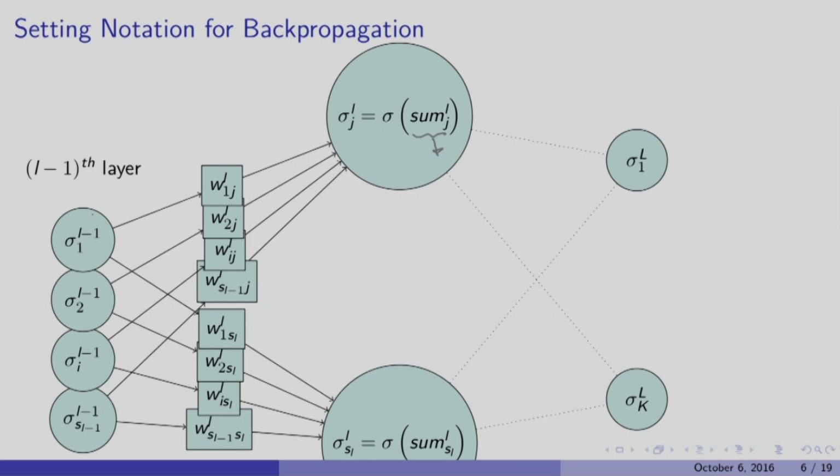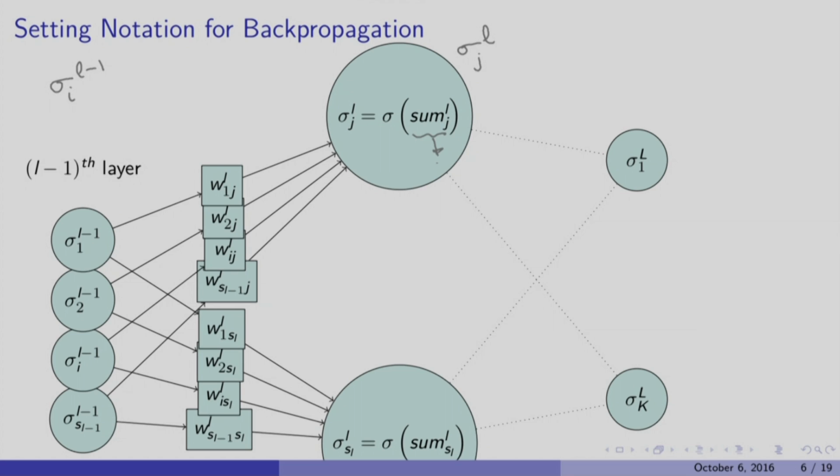We will denote an arbitrary activation unit in the (L minus 1)th layer by sigma i(L minus 1) and an arbitrary activation unit in the Lth layer by sigma j(L).